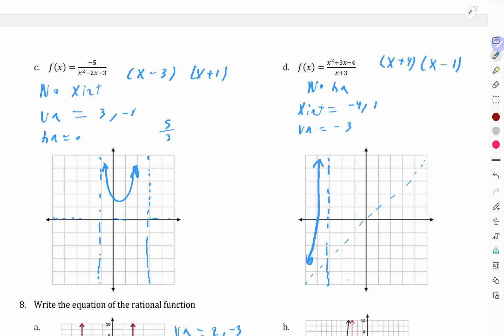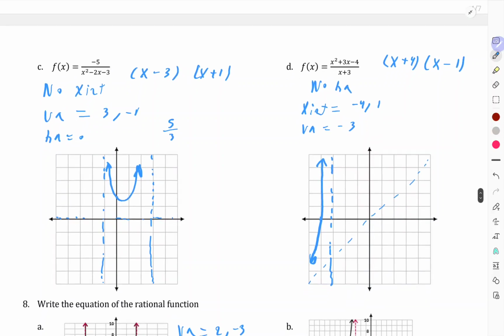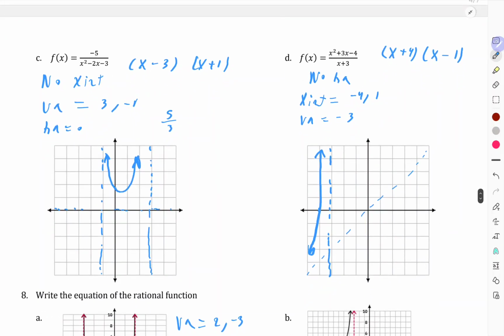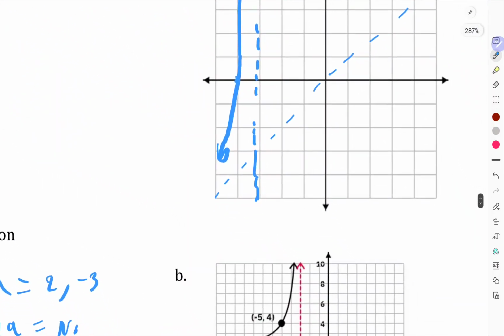And well, I need to find a y-intercept for this thing, because when you need to graph these, I think y-intercepts are a good guide. In this case, the y-intercept is 4 over 3.